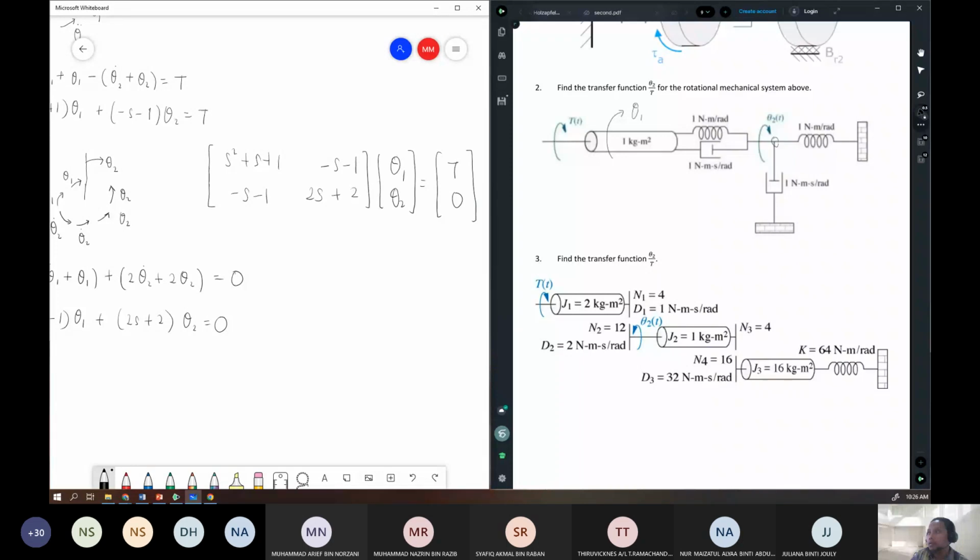Okay, so to find theta 2, similar to question number 1, you just replace the second column with the input force or input torque column. Okay. All right. So until here, any question?